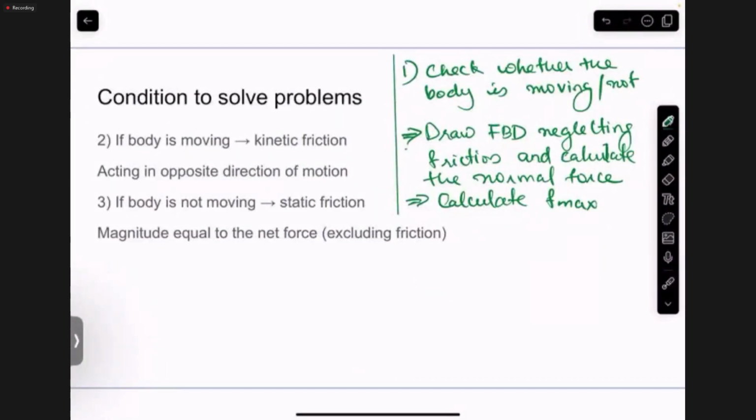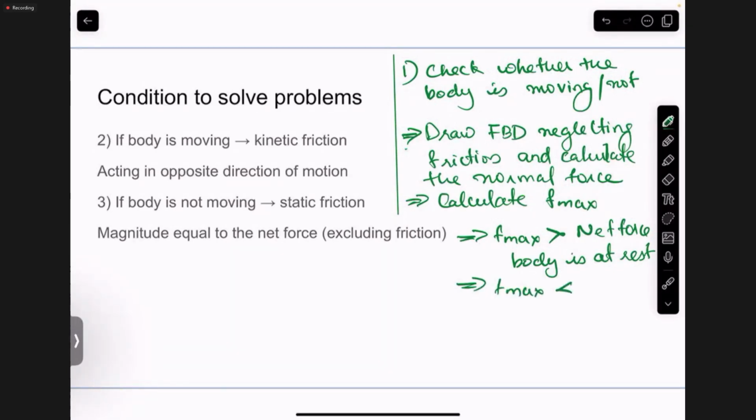And then if F max is greater than net force, then the body is at rest. And if F max is less than net force, then the body is moving.